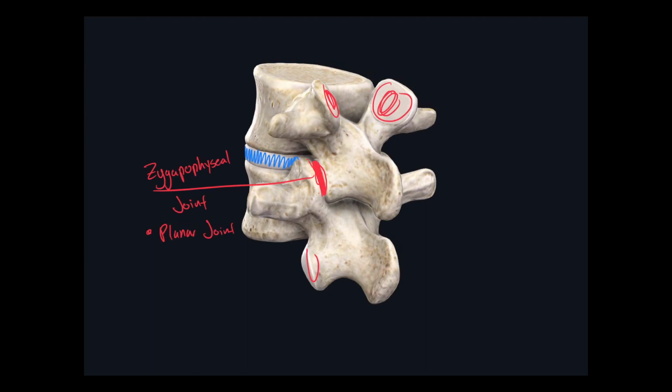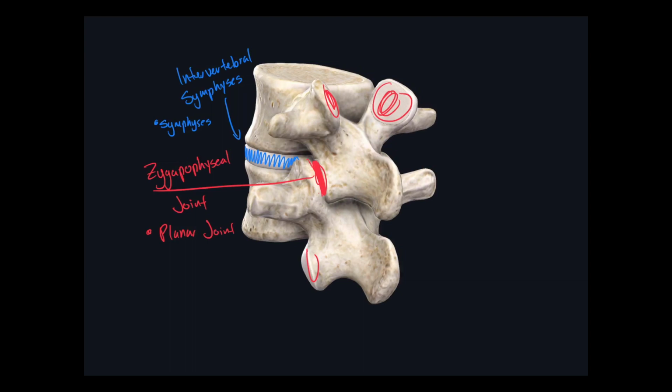This joint, found between the bodies of the vertebrae, is called an intervertebral symphysis. The classification for an intervertebral symphysis is just a symphysis, which, if we remember, is a subclassification underneath cartilaginous joints. All symphysis means is that it's made of fibrocartilage.